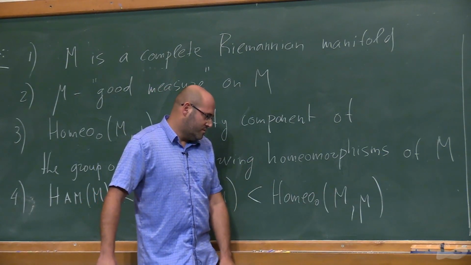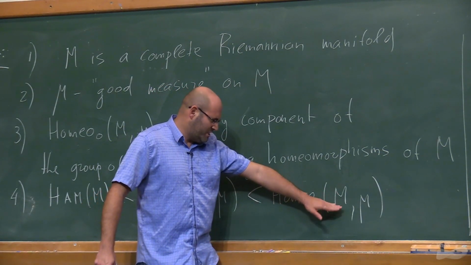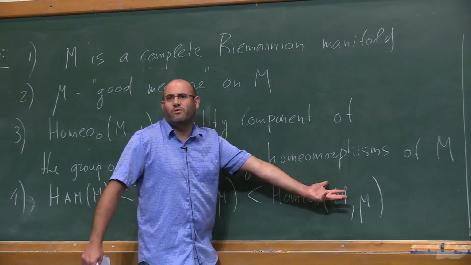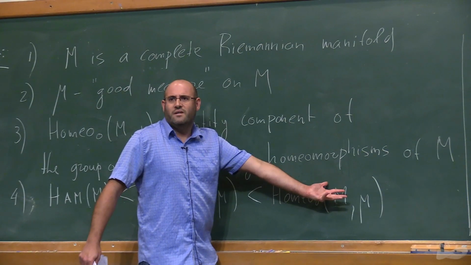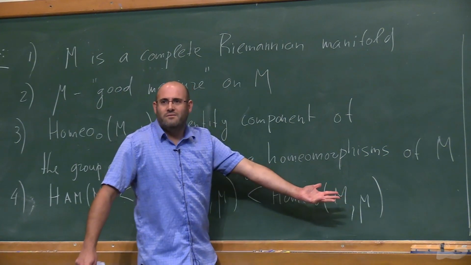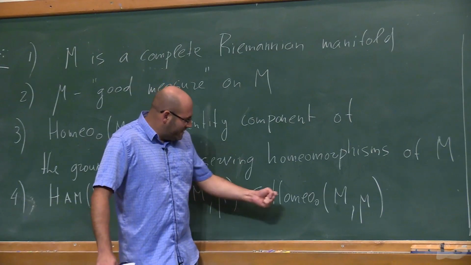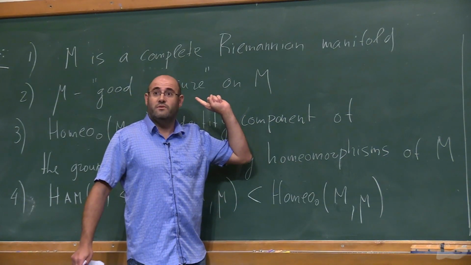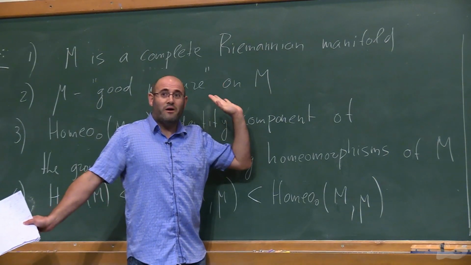Sorry, my manifold is actually a smooth manifold, so this is a measure on my manifold, mu. And then I'm looking at all my homeomorphisms which preserve this measure. So this is not a topological manifold. Am I okay with this?